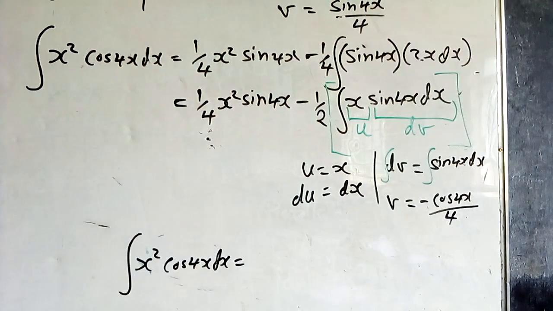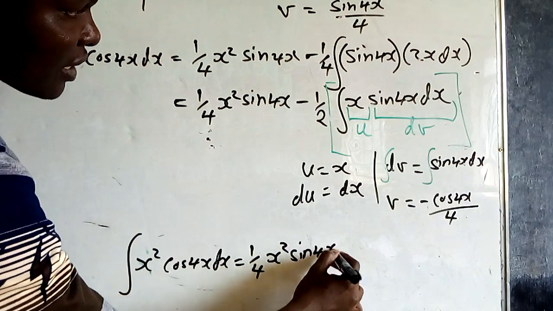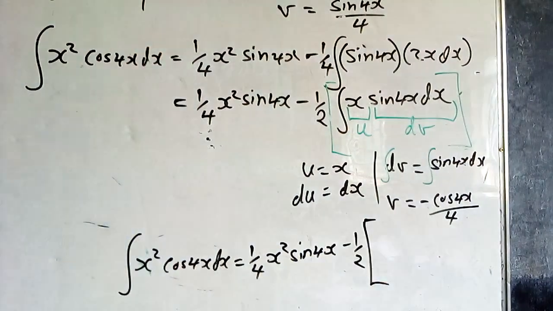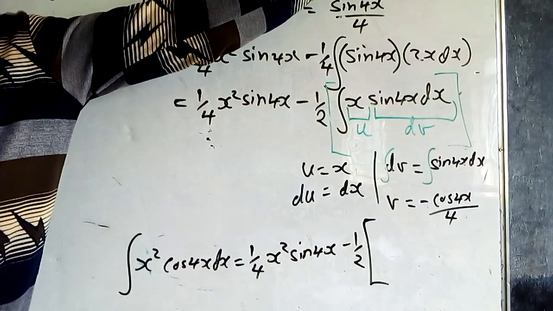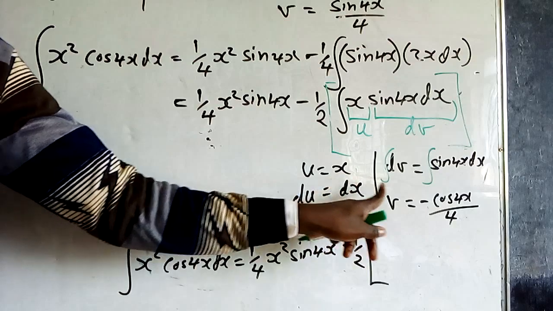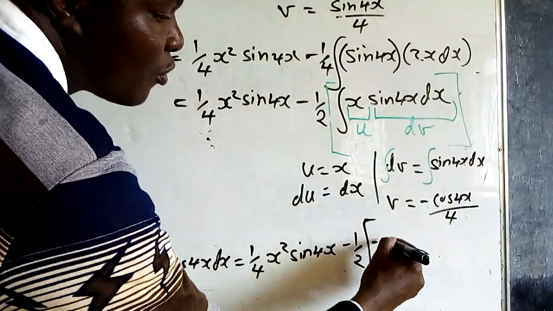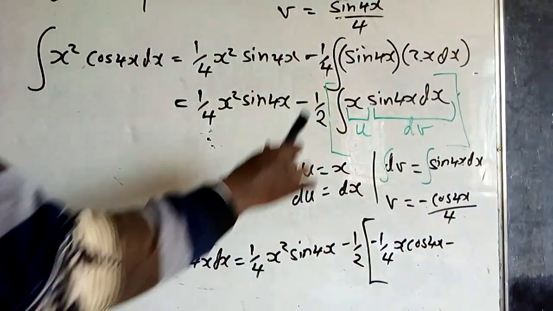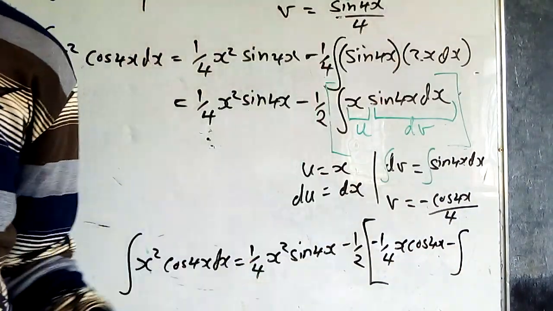It was 1 over 4 x squared sin 4x minus a half into bracket, isn't it? This derivative, which is a product rule. Are you seeing? So the whole of this is supposed to be uv. And u is x, v is negative 1 over 4 cos 4x, isn't it? So that is going to be negative 1 over 4 x cos 4x. Then it is going to be minus the integral of what? Of v du, isn't it?